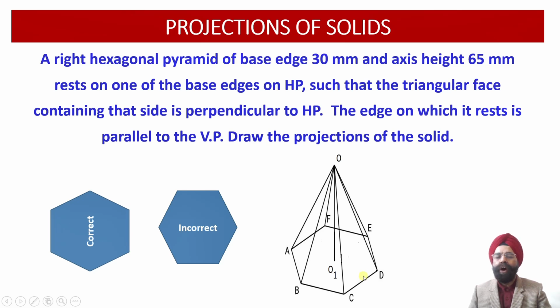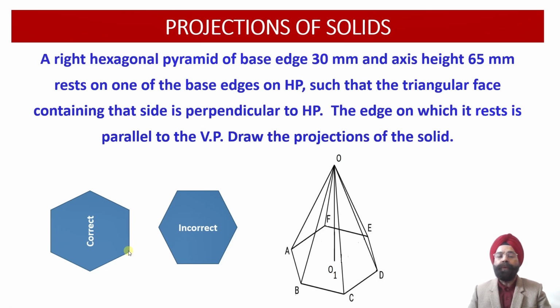So whatever top view projections we are going to obtain after inclining this hexagonal pyramid with respect to the horizontal plane in such a way that this triangular face of the hexagonal pyramid becomes perpendicular to the horizontal plane, the top view projections which are obtained thereafter have to be rotated 90 degree, because earlier this edge DE happened to be perpendicular to the vertical plane.